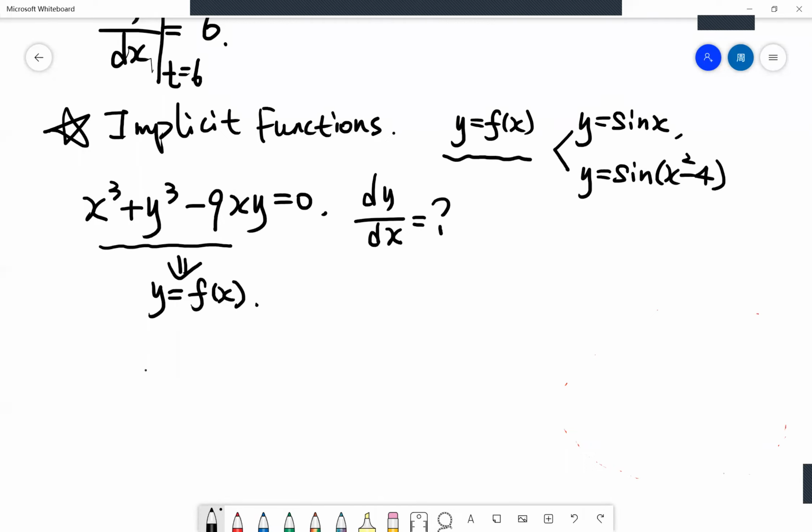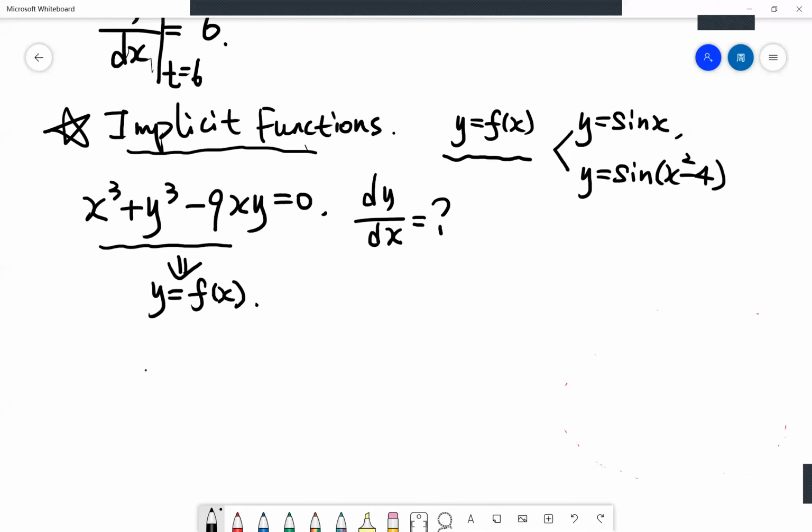So we call this kind of function an implicit function.